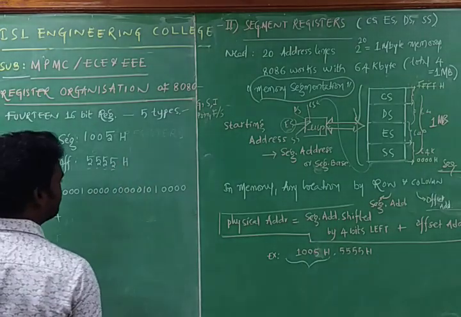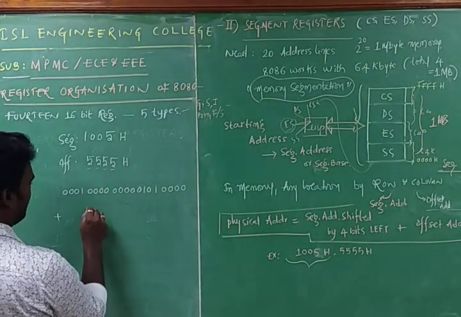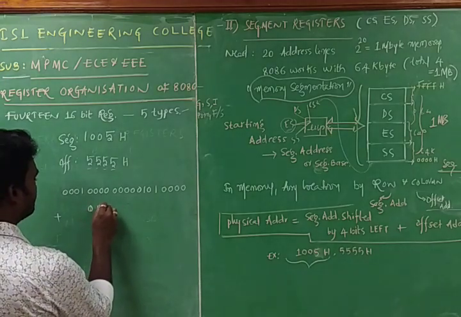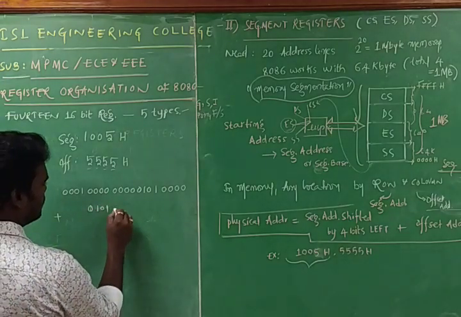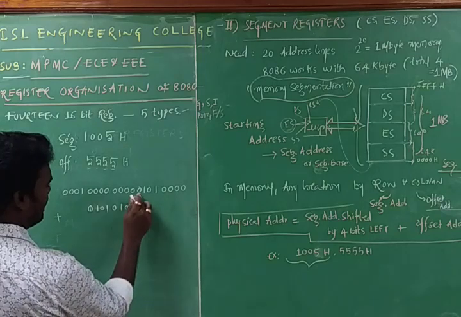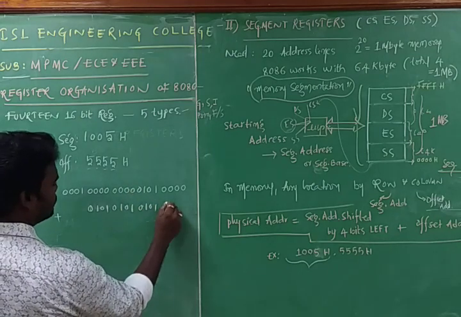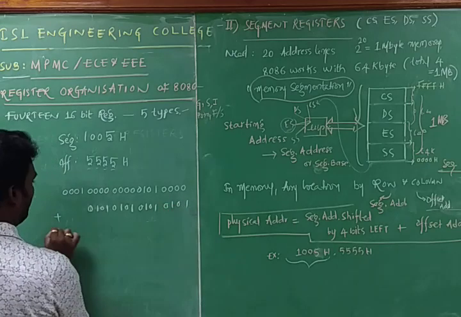All these are hexadecimal numbers, so here 5 is 0101, and here also 0101, and here also 0101, and here also 0101. We have to add.